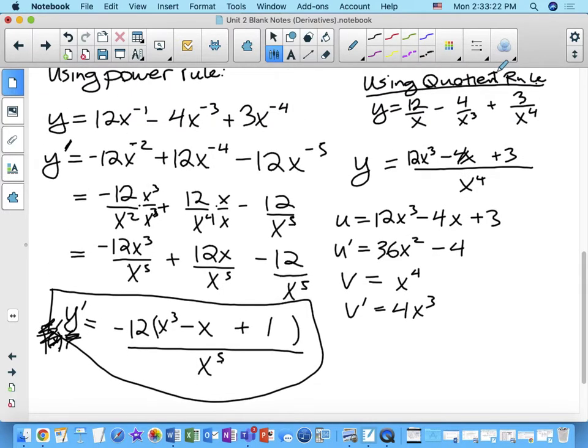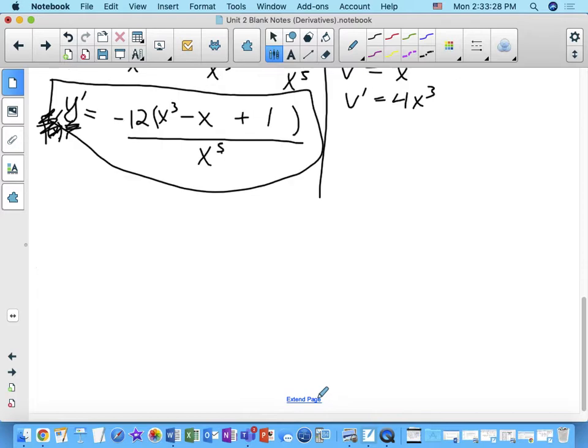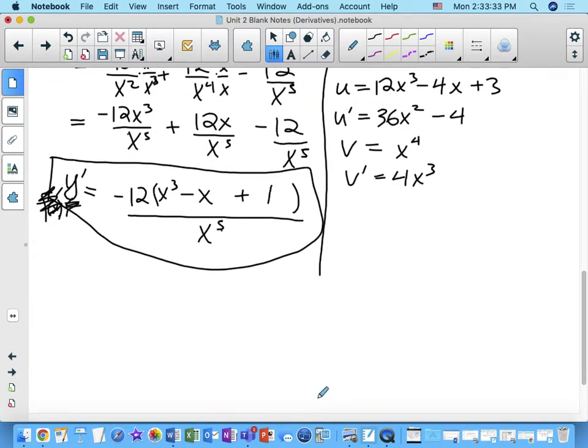Using the quotient rule, y prime is u prime v minus uv prime over v squared.